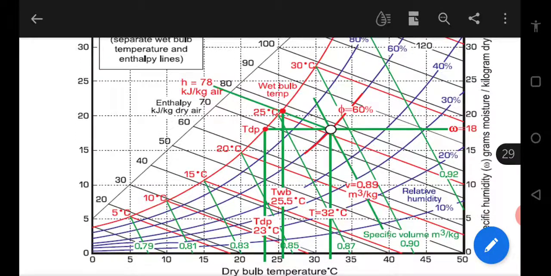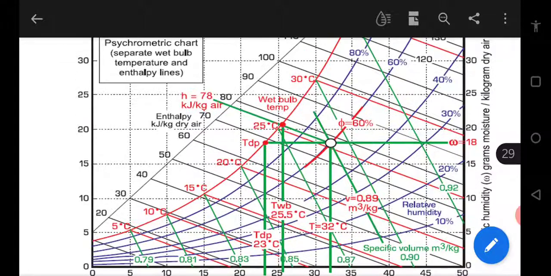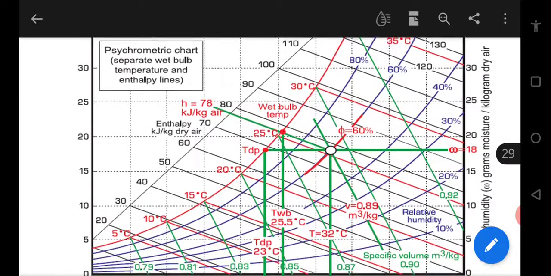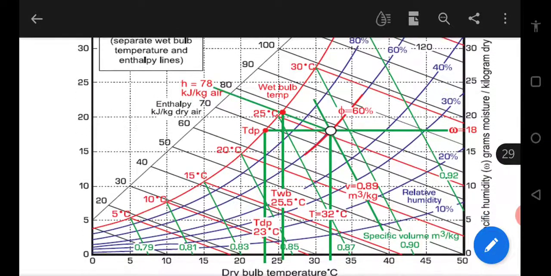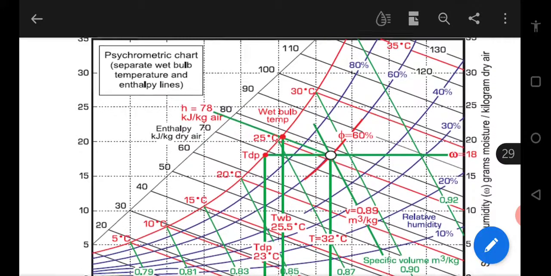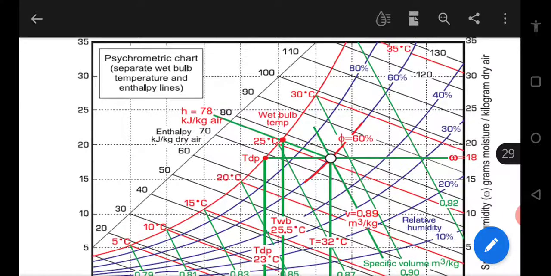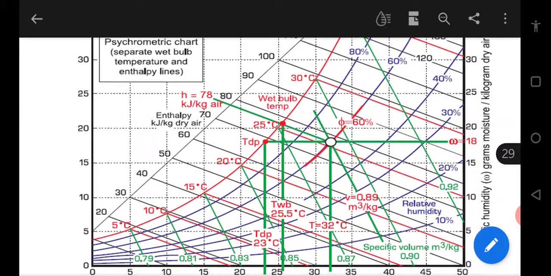And these green lines you can see are wet bulb temperature lines, and the blue lines like 10%, 20%, 30% are all the relative humidity lines. On the x-axis the relative humidity is 0, and on the red saturation line the relative humidity is 100%. In between it is divided. So these are the specific humidity and relative humidity lines.